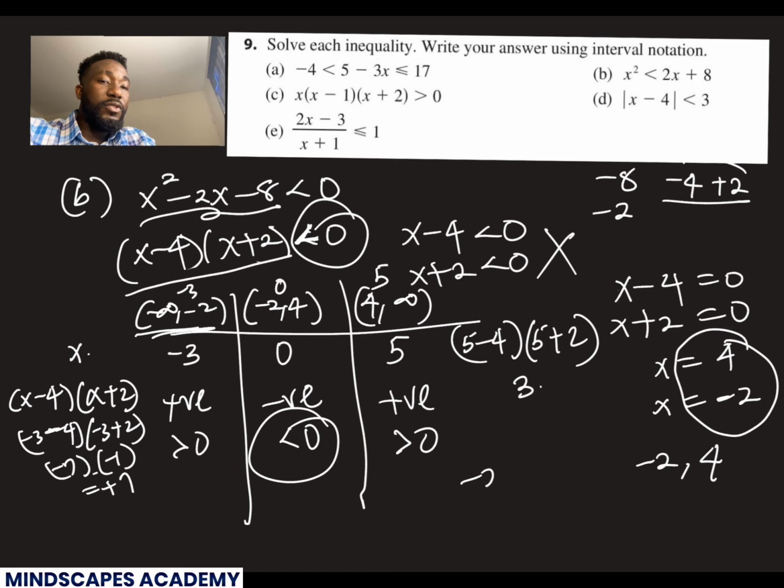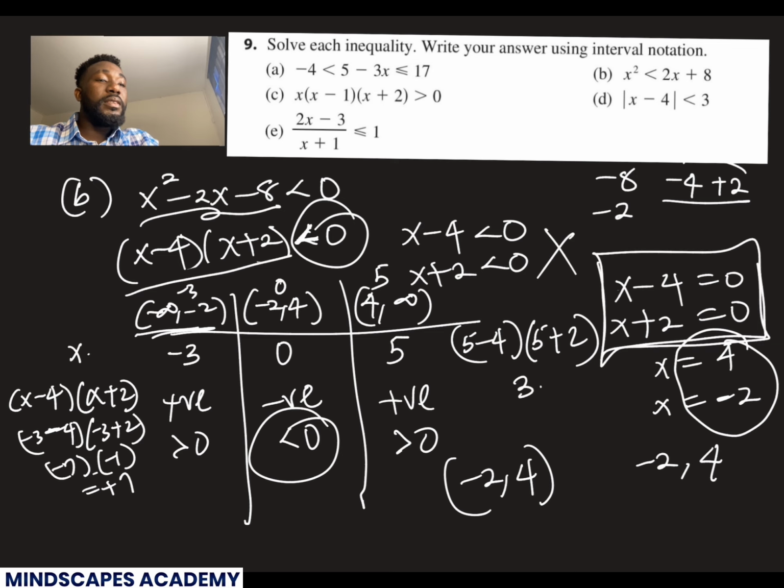The solution will be -2 and 4, with -2 and 4 not inclusive. We already know that at -2 and 4 it will be 0. When you plug in -2 and 4, the expression becomes 0, but the inequality is only less than 0. We don't need equal to 0.